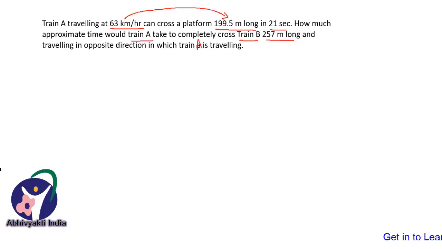The platform is stationary and therefore the train has to cover two distances, that of the train itself and that of the platform, but the relative speed will be only the speed of train A because the platform is stationary. So let us consider the length of train A to be x meter.